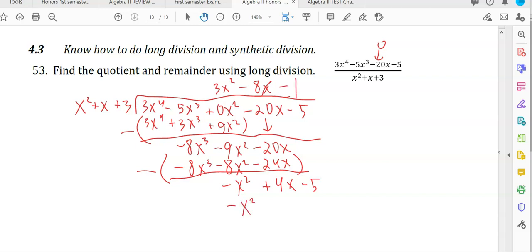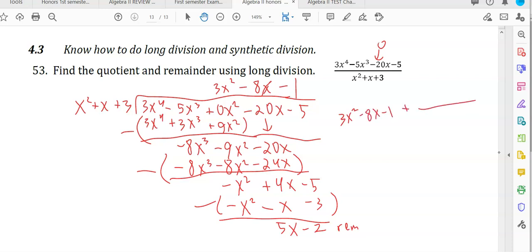Negative x squared minus x minus 3. We're subtracting everything. So you get 5x minus 2. That's a remainder. The answer would be 3x squared minus 8x minus 1 plus a fraction: the remainder, 5x minus 2, divided by the divisor, which is x squared plus x plus 3.